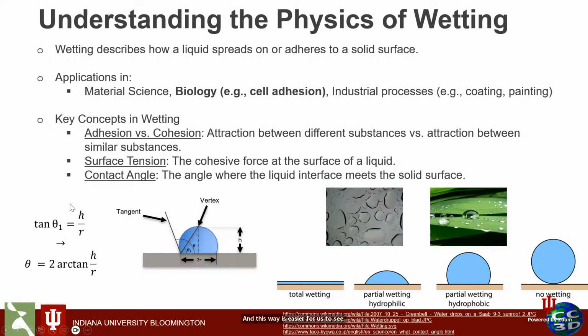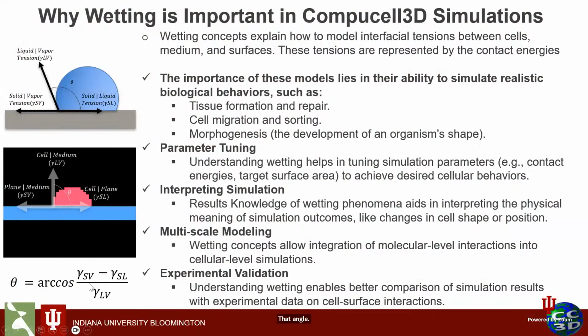Can you define the terms again on the arc cosine equation? I understood the radius, but I wasn't quite sure about plane medium versus cell plane. Right. So right here we have the surface vapor, which in CompuCell is actually the plane medium contact energy.